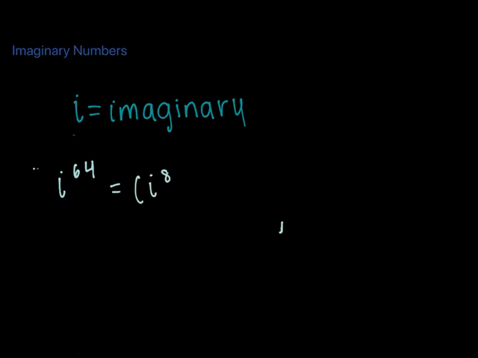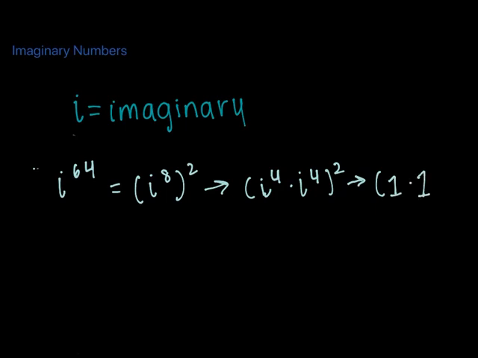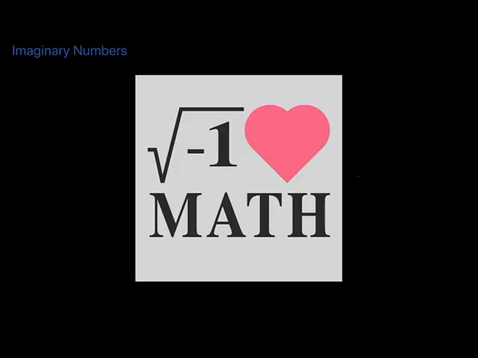That would just be simplified to I to the 8th squared, being I to the 4th times I to the 4th squared, which could be more simplified into 1 times 1 squared, because we know I to the 4th is 1, and so now we know that I to the 64th power would just equal 1, because 1 times 1 squared is 1.